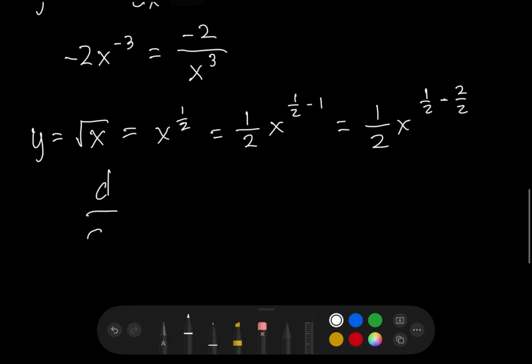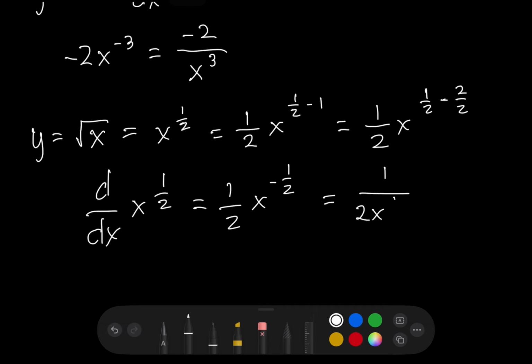So d dx of x raised to 1 half is equal to 1 half x raised to negative 1 half, because 1 minus 2 is negative 1. Or we can simplify it as 1 over 2x raised to 1 half, or simply 1 over 2 square root of x. That's it.